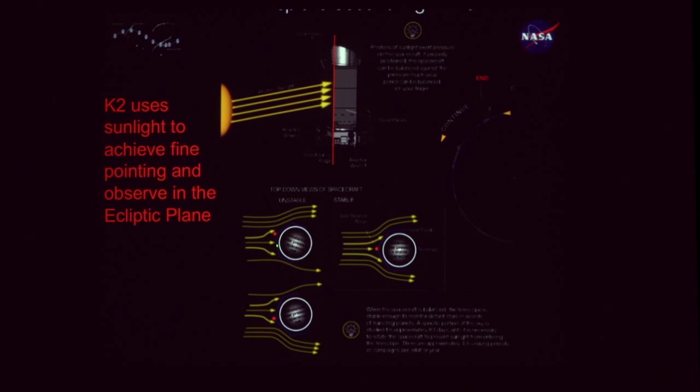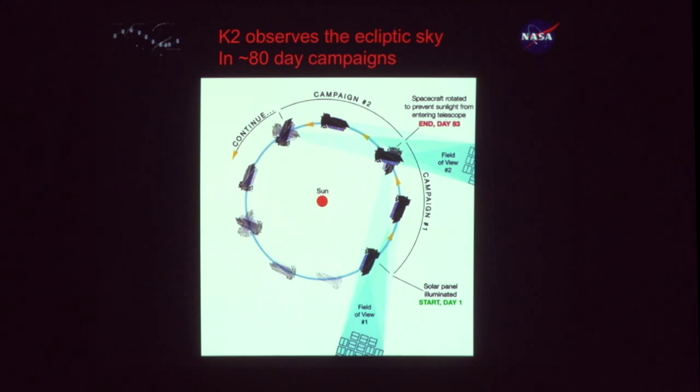The solar cells would always have to be evenly pointed toward the Earth. And if you did that, you could use the solar wind as an extra reaction wheel. And that's what they were doing. In fact, they figured out that it could actually be done, and then they came up with a new observing plan.